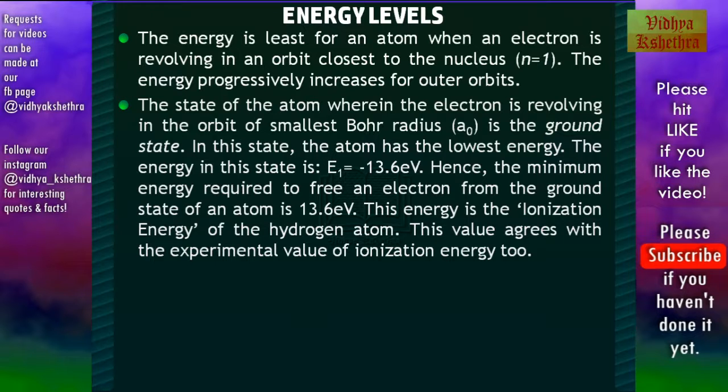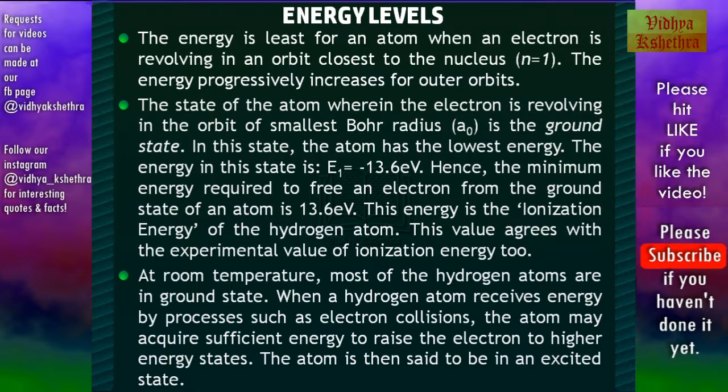In this state, the atom has the lowest energy. The energy in this state is E1 is equal to negative 13.6 electron volt. Hence, the minimum energy required to free an electron from the ground state of an atom is 13.6 electron volt. This energy is the ionization energy of the hydrogen atom. This value agrees with the experimental value of ionization energy also.